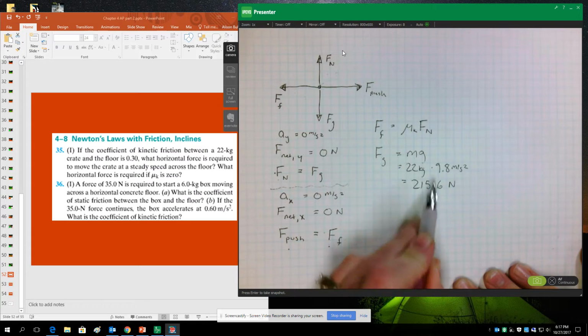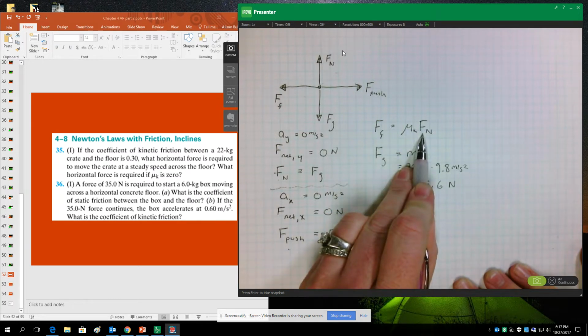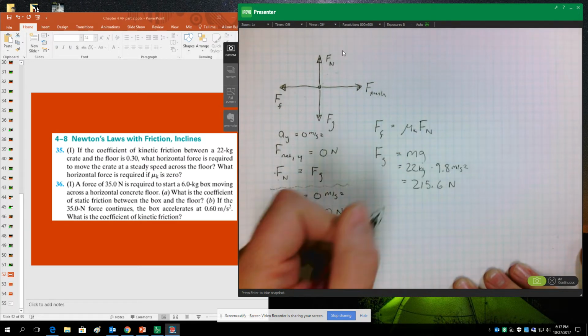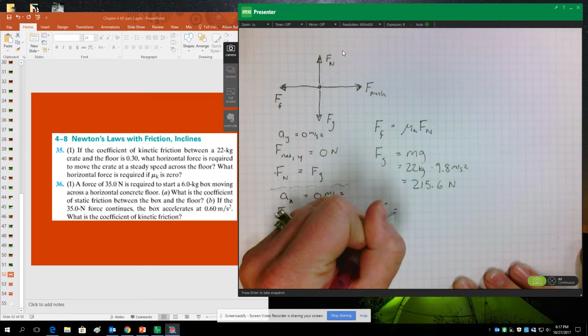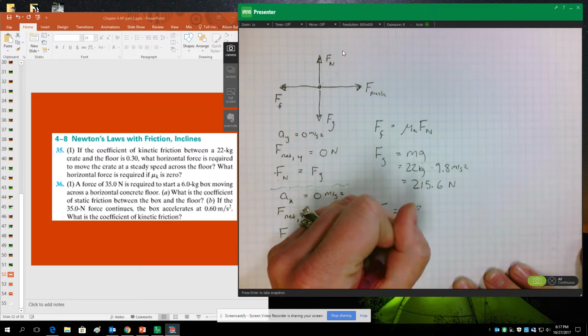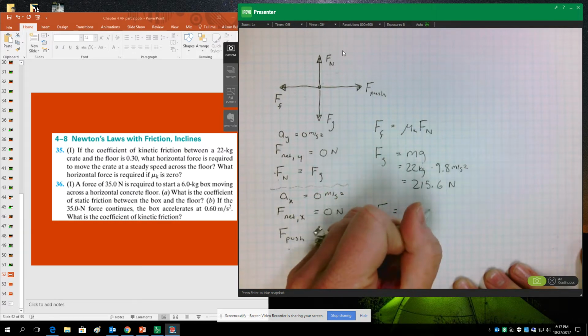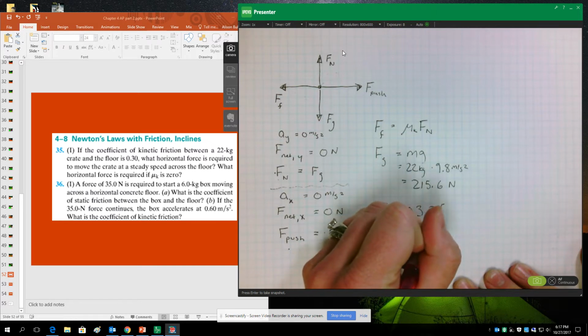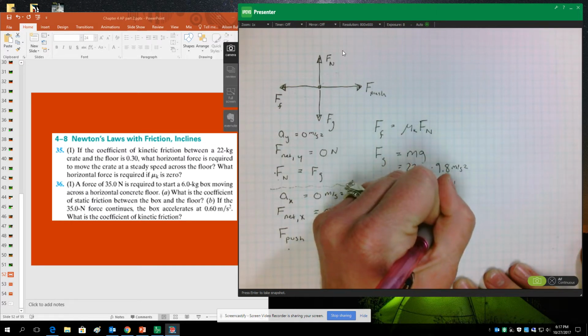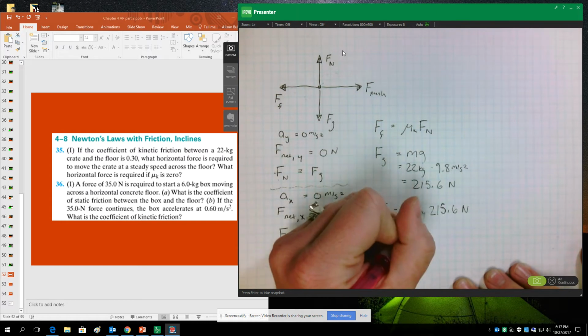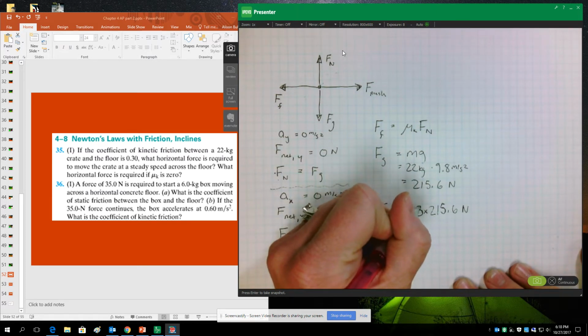I can use that normal force now in the equation for kinetic friction. So the kinetic friction force should be equal to the coefficient of kinetic friction, 0.3, times 215.6 newtons. So 0.3, again, remember, is unitless.